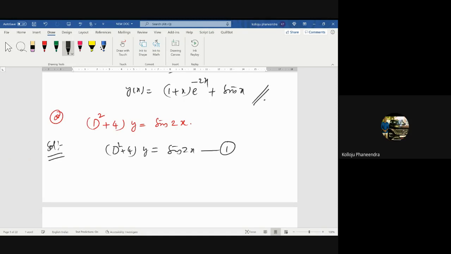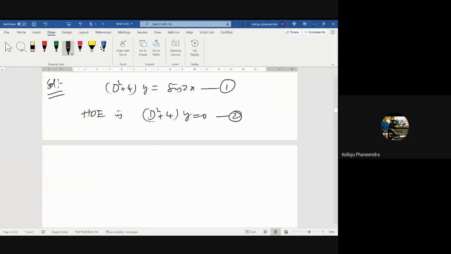Equation 1. The homogeneous differential equation is d square plus 4 into y equal to 0. I'm giving directly, not writing all the steps. AE stands for auxiliary equation. Auxiliary equation is what? F of m equal to 0, that is m square plus 4 equal to 0.